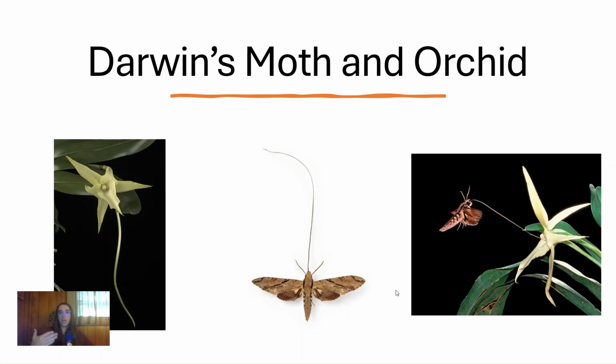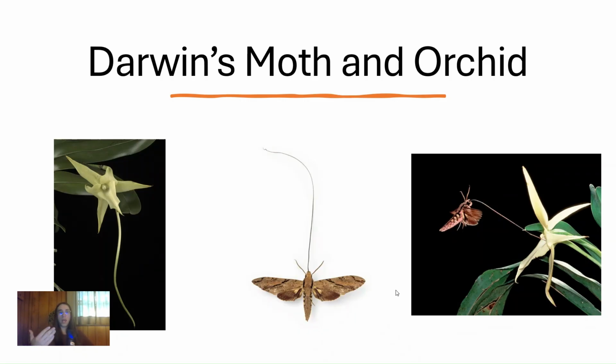So it's worth it for the orchid to adapt so that it targets the moth, and the moth is going to develop this really long tongue to be able to drink the nectar from the flower it actually visits.